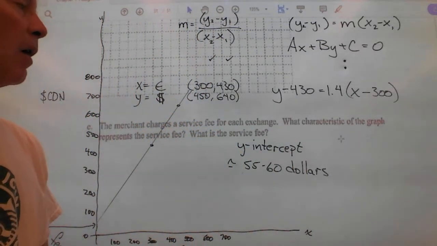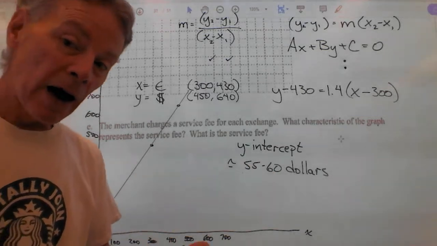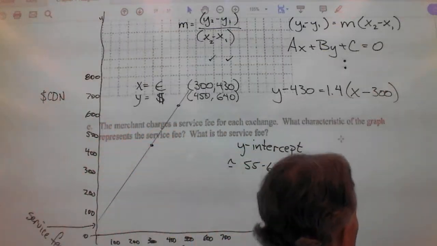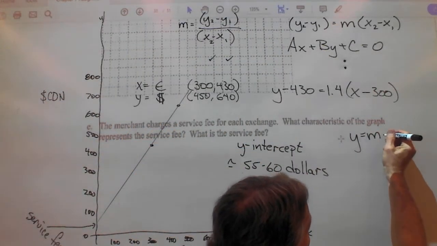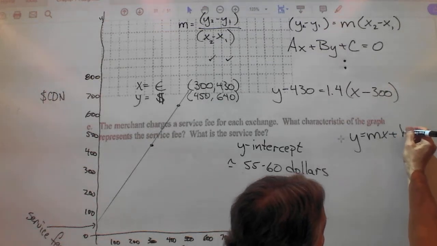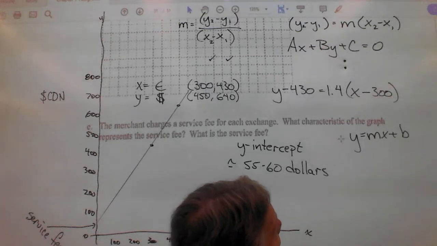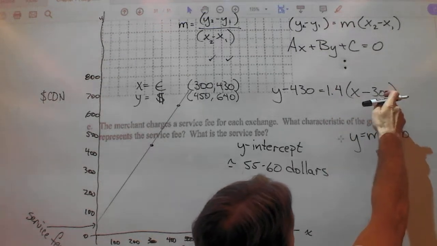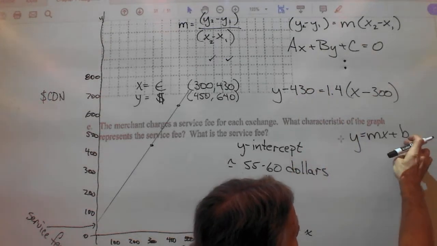Okay? Now, I want to find out a much more accurate service fee. So what I'm going to do is take my slope-intercept form, y equals mx plus b, because I know that will give me the exact y-intercept. And just as we did in the last question, I'm going to plug my slope and the value of 2 points into this and solve for b.